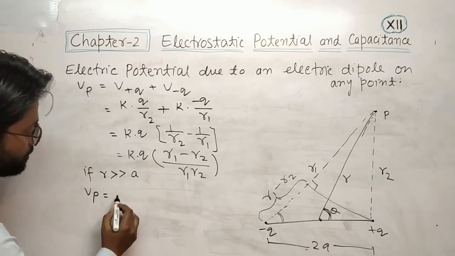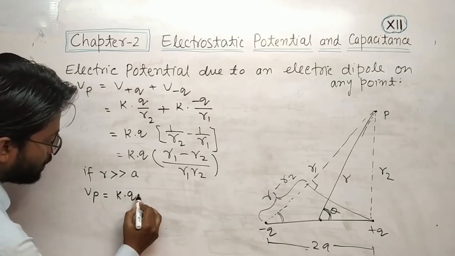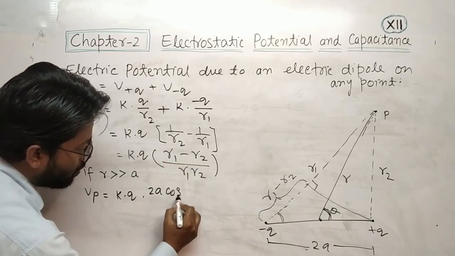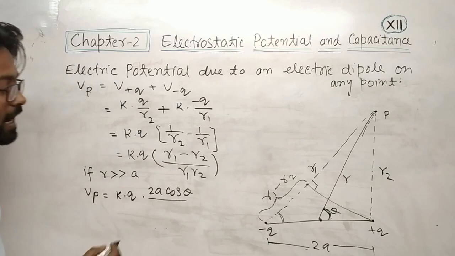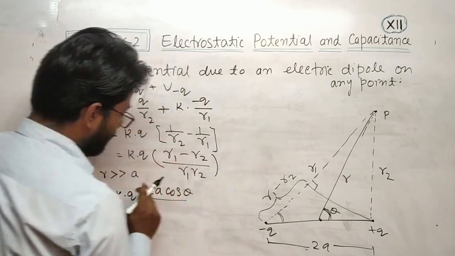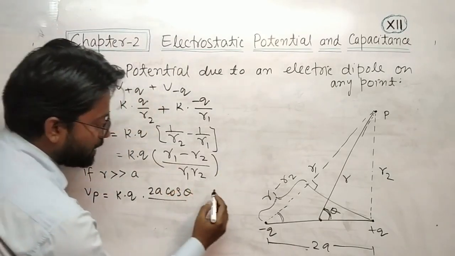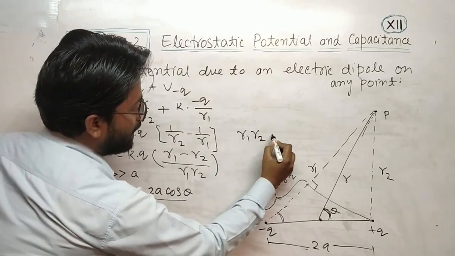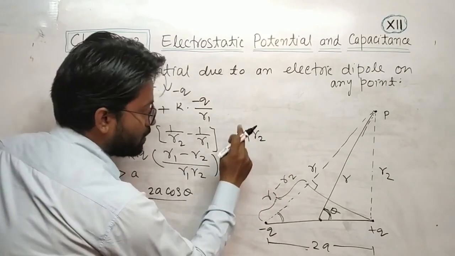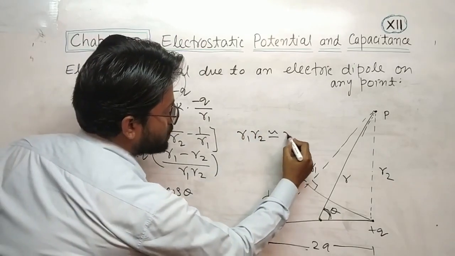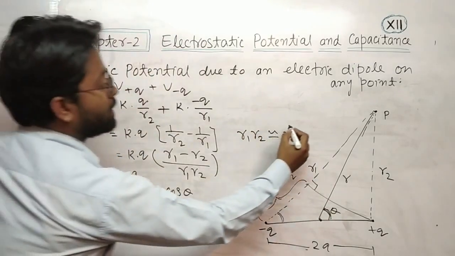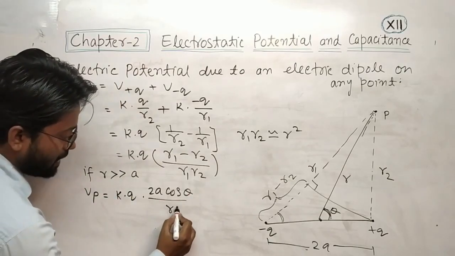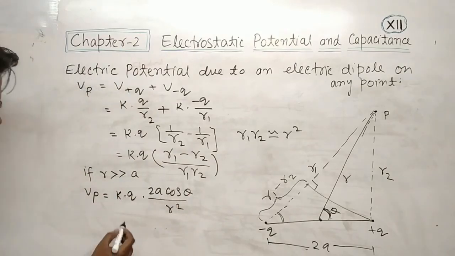Potential at point P is equal to KQ (R1 minus R2), which is 2a cos theta upon R1 R2. If this is very small, the multiplication of R1 and R2 is approximately equal to R into R, that is R squared.